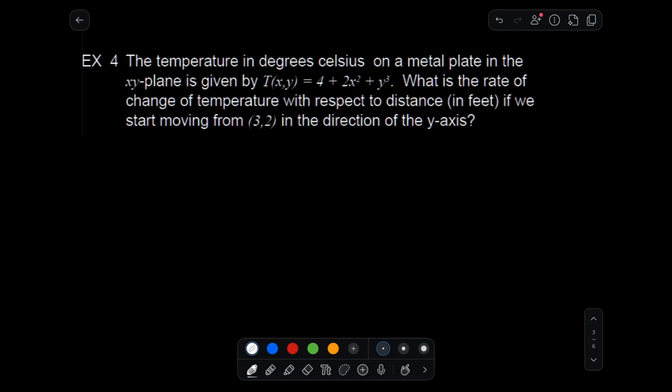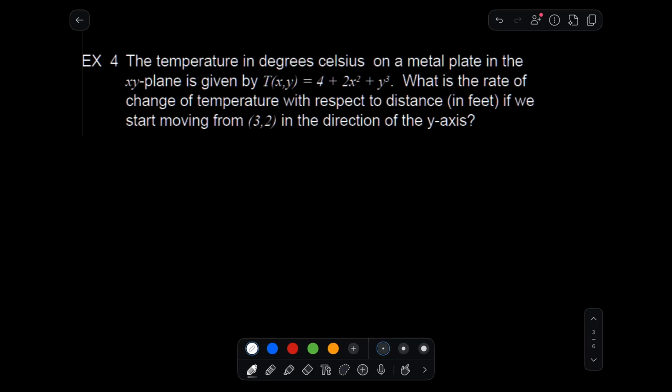So when I imagine this problem, these are some real-world applications of partial derivatives, right? If we're moving in the direction of y, we have a change in temperature with our change in y.